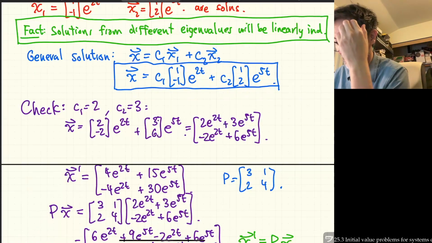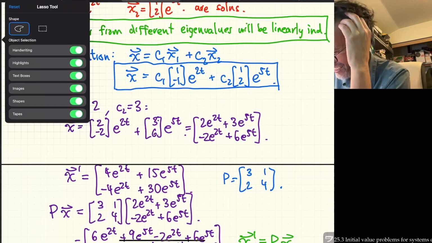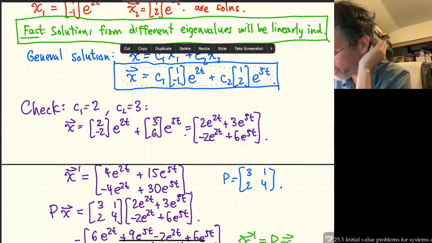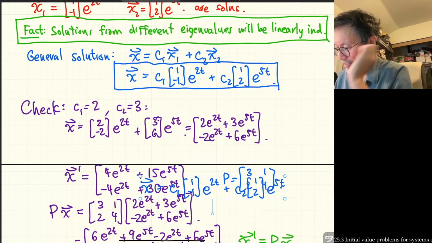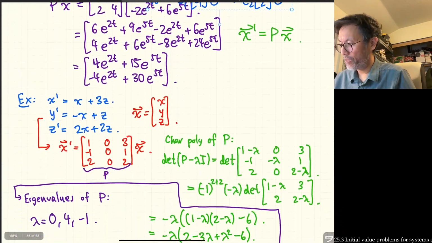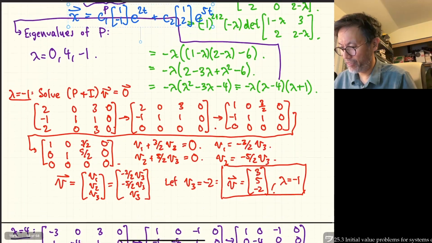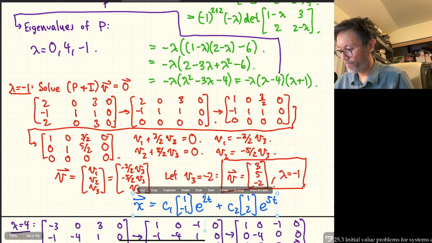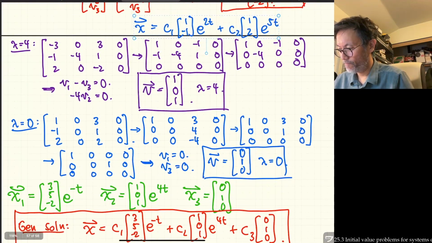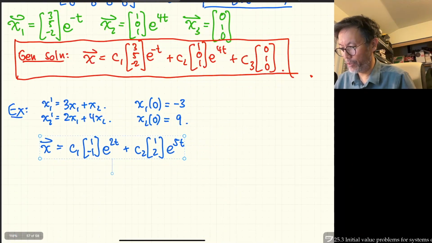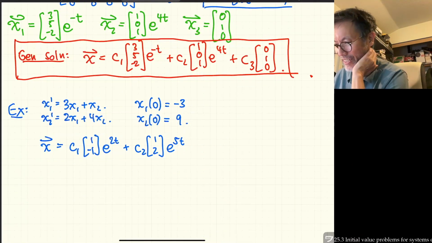Undo. Okay, let's do this again. This is humiliating. I'm going to take all that and duplicate it. We're going to touch very gently.